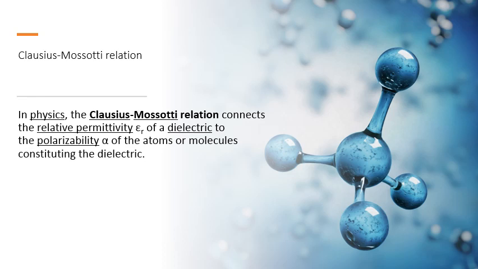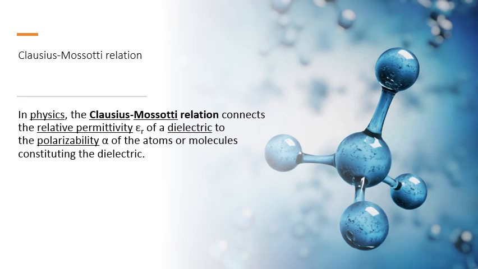The Clausius-Mosotti relation connects the relative permittivity of a dielectric material to the polarizability of the atoms or molecules. This relation plays a very important role in physics, especially when we are working with electric field in dielectrics. We know that dielectrics have a relative permittivity epsilon r.